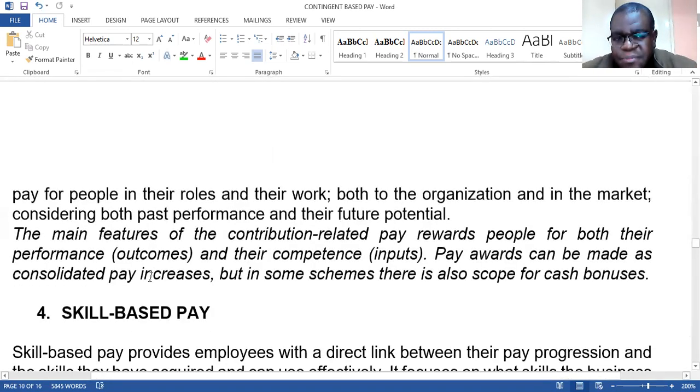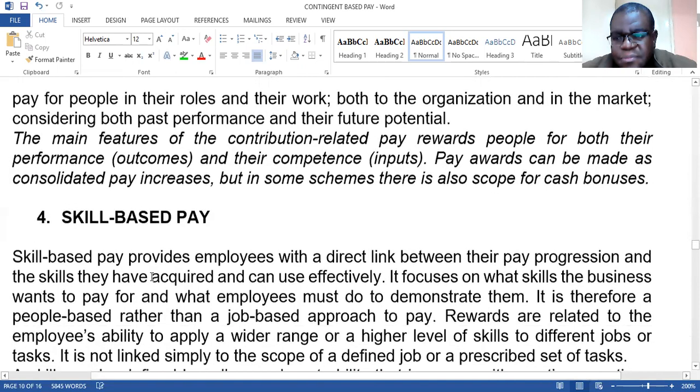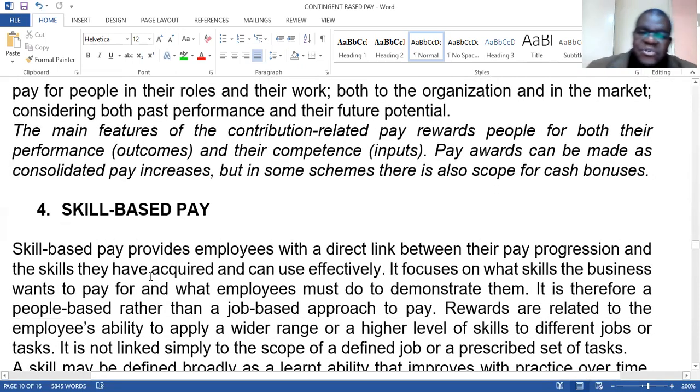Contribution. So when you are talking contribution, how you want to reward people is for their performance and their competence and the extent to which they can affect the overall performance of the individual, teams and organization.